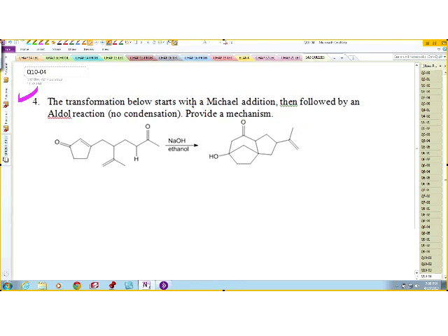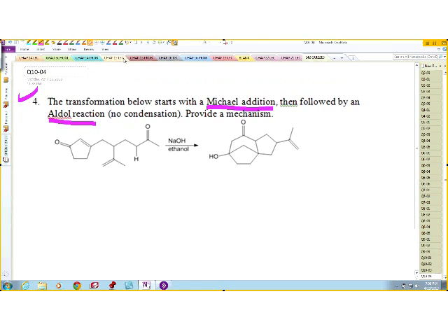This transformation starts with a Michael addition reaction. They are already telling us this starts with a Michael addition reaction, and then it's followed by an Aldol reaction without the condensation, without the loss of water. That is what this means, no condensation.